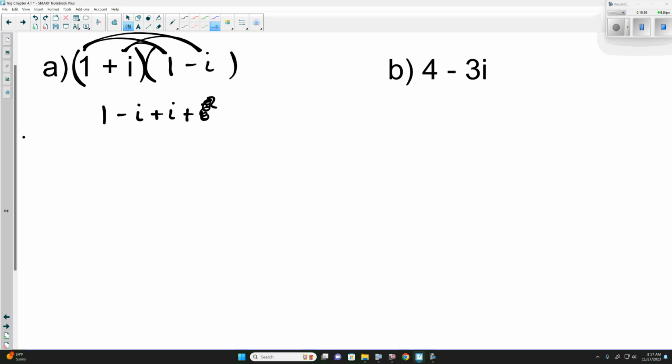So it'll make it plus, but because we don't have a number there already, we go on and fill it in as 1. We don't normally have to write that if there's a number in front of our i squared term, like the ones we've had before, 4 or 3, because 4 times 1 is 4, 3 times 1 is 3. It doesn't change the number, but because we don't have a number there already, we got to fill the 1 in. Our negative i plus i will cancel out, and 1 plus 1 is 2.